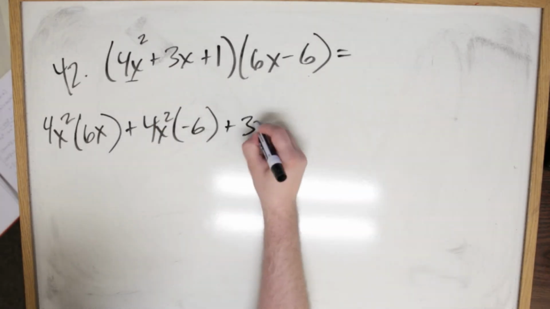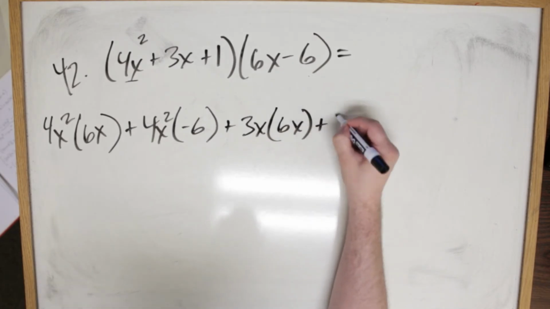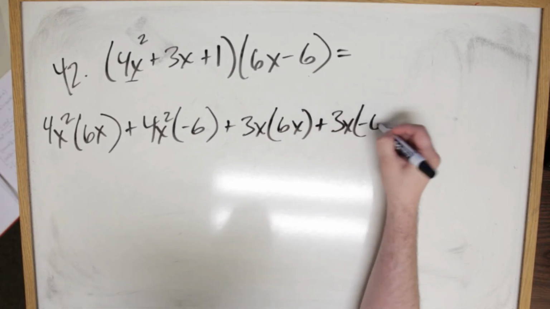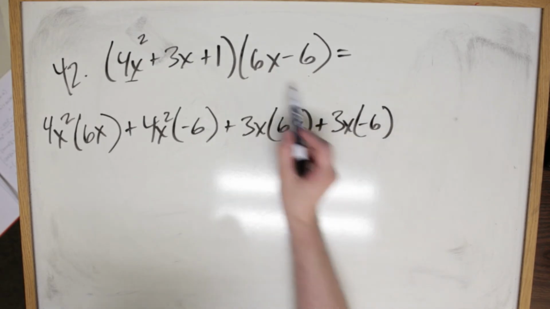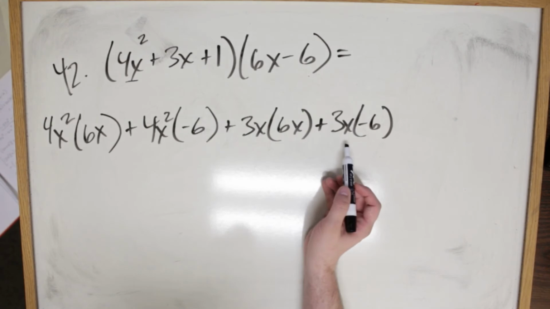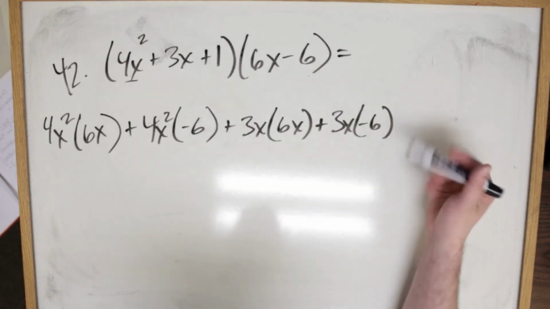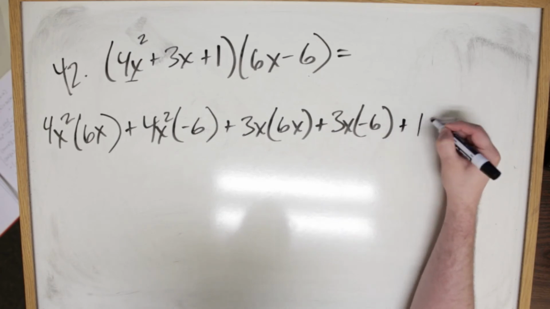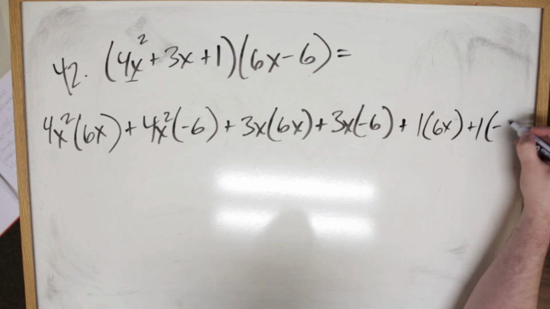Plus 3x times 6x. Plus 3x times minus 6. I'm still going to run out of space probably. Now we're done with that guy. We're going to move on to the final one, which is the 1. So plus 1 times 6x plus 1 times minus 6.